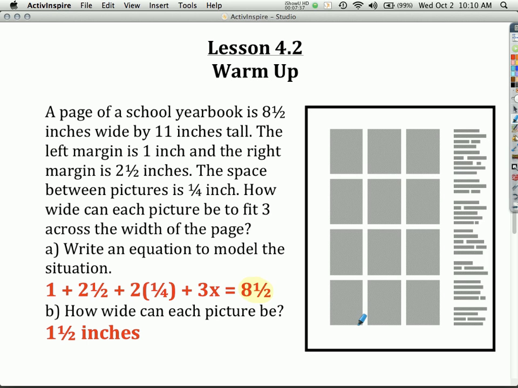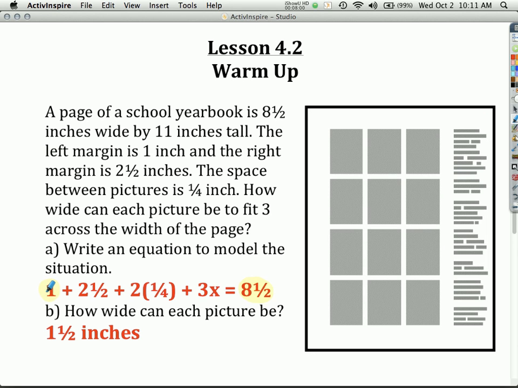Very good. Now put it in the context of solving a problem. What have I told you that that is? Tristan? The total. That's the first thing you try to find, the total. In this case, the width of the page is 8.5. Very good. So now let's go piece by piece.